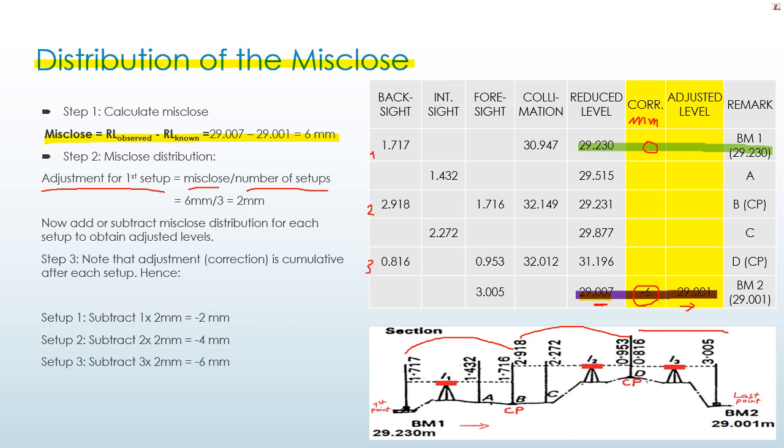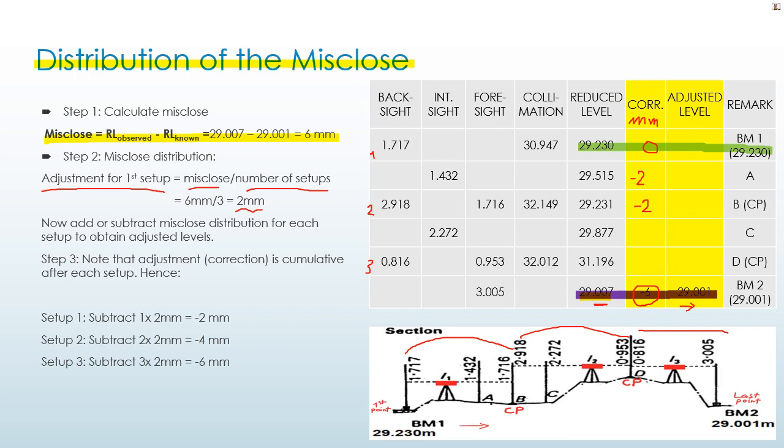So you have 3 setups. Adjustment for the first setup, misclose divided by number of setups, you have 2 millimeters, but the sign is negative. The sign is negative over here, and it's the same for all of the other setups. Minus 2 mil, minus 2 mil.